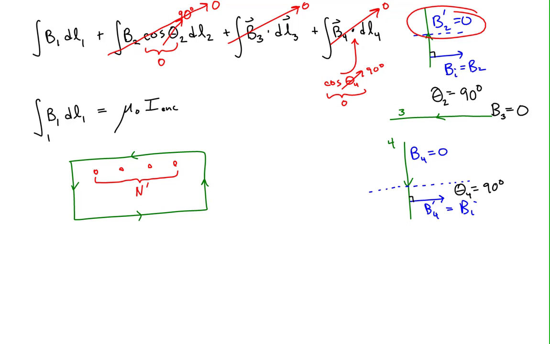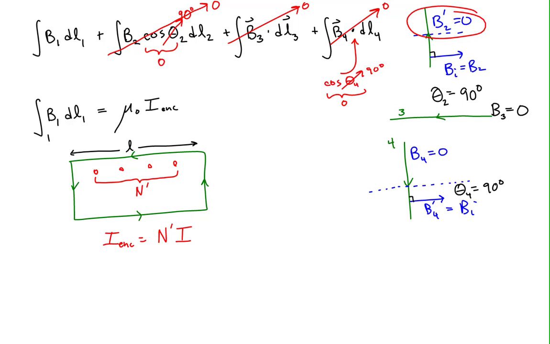This means that the total current enclosed by our Amperian loop is equal to the number of loops that passes through the Amperian loop times the current, since each of these loops has a current I in it. And don't forget that the length of our Amperian loop, we said, is L.